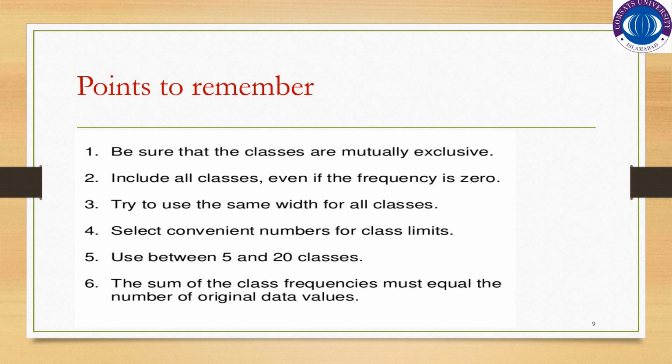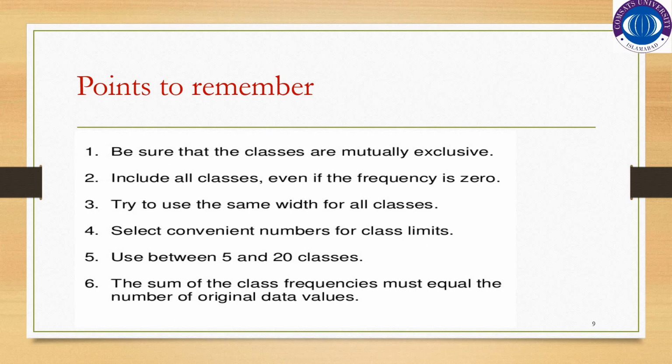All the classes you have will be included. Even if the frequency is 0 means that if no observation lies in that range, you will still consider that class. Try to use the same width for all classes. We use the same class width or class height for construction of each class.